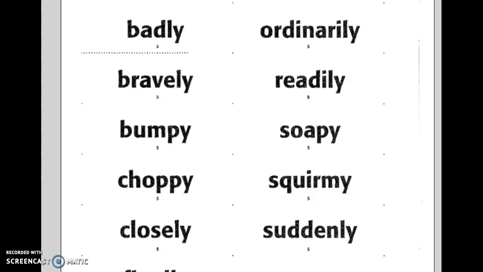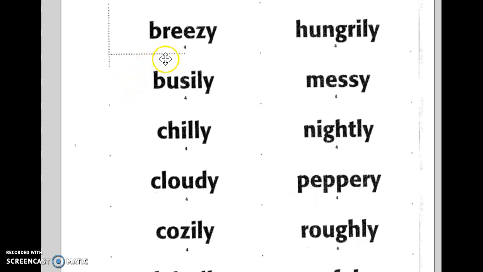So you have two additional pages to complete. You have the next page in your packet, which begins with the words badly and ordinarily, and the other one, which begins with the words breezy and hungrily.